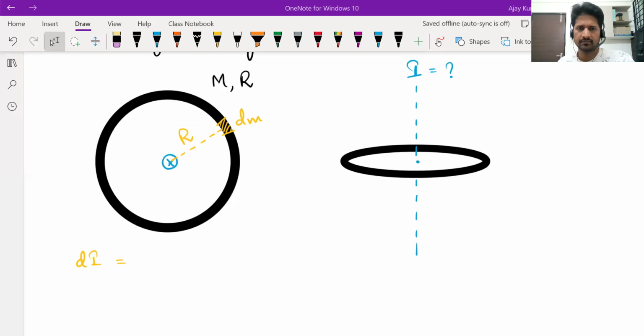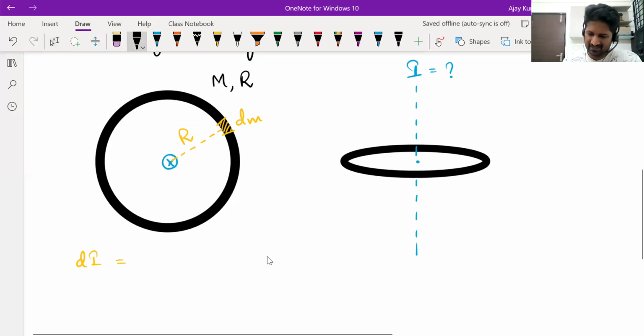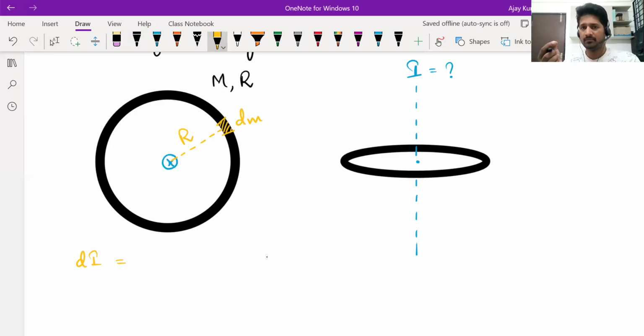Sir, is it half I omega square? Half I omega square is the formula for kinetic energy. I'm just asking you what is the moment of inertia of a point object which is at a distance r from the axis. That's the basic formula of moment of inertia, mr square. So here it becomes dm, the mass of that element, multiplied with the square of the radius.